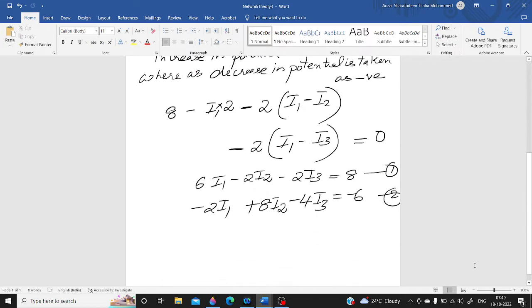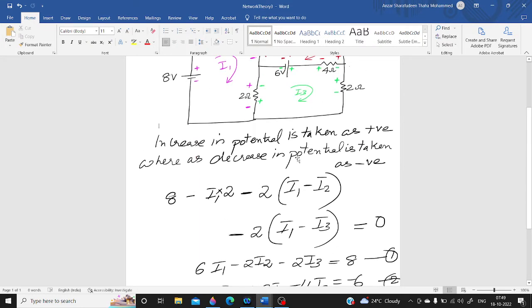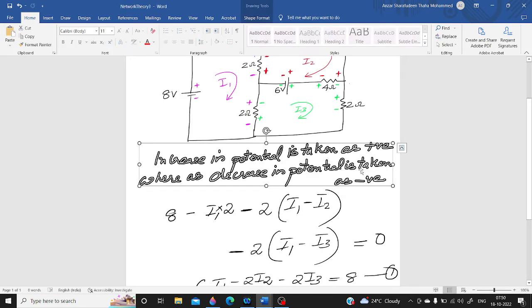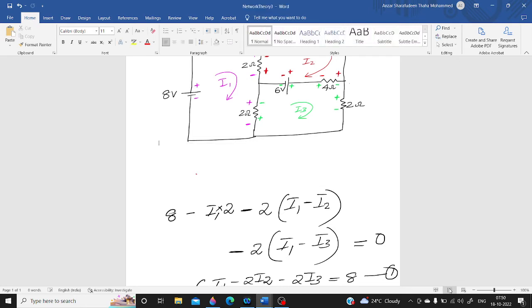And while writing KVL along the third mesh, what will be the equation? Along the third mesh? Okay, so let me delete that, and now here I am writing the equation for the third mesh.